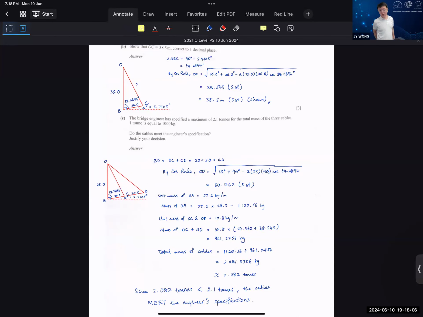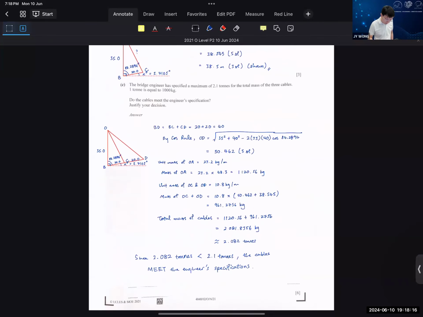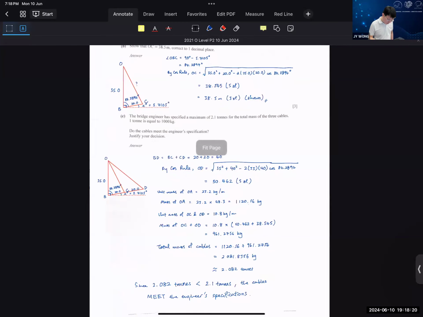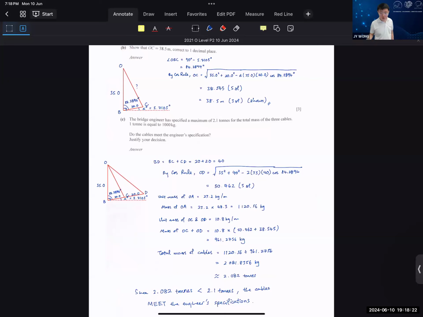But even if you don't get to that stage, if you find the different lengths of different cables, at least you get some marks. I'm very curious what the mark allocation here for the 6 marks is. But it's just trigo. Then the rest of it is actually just a bit of logical understanding. All right.